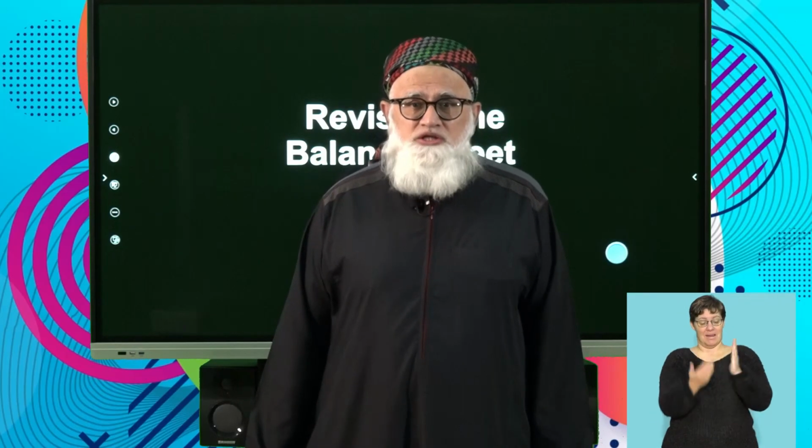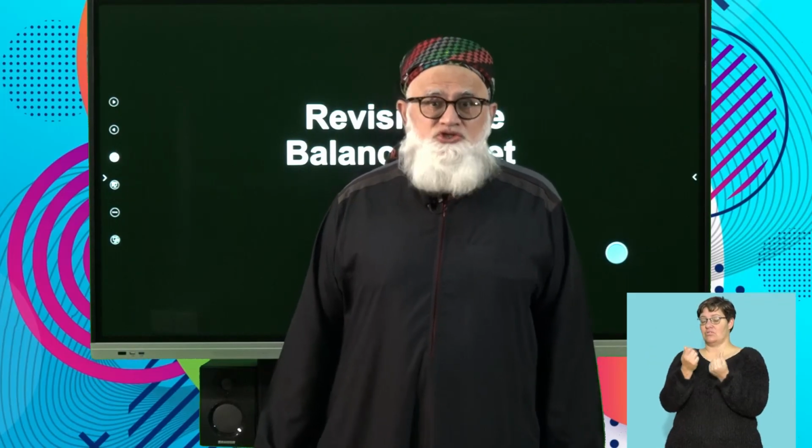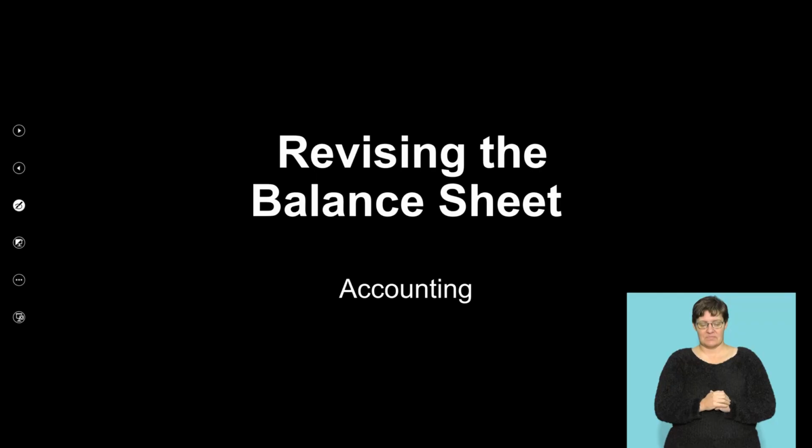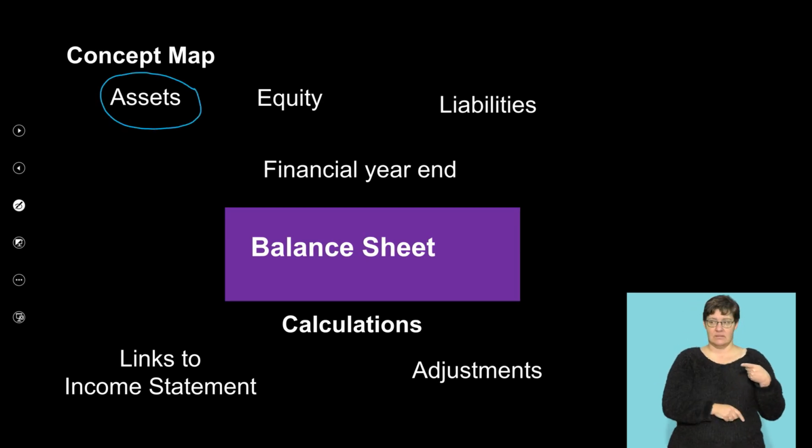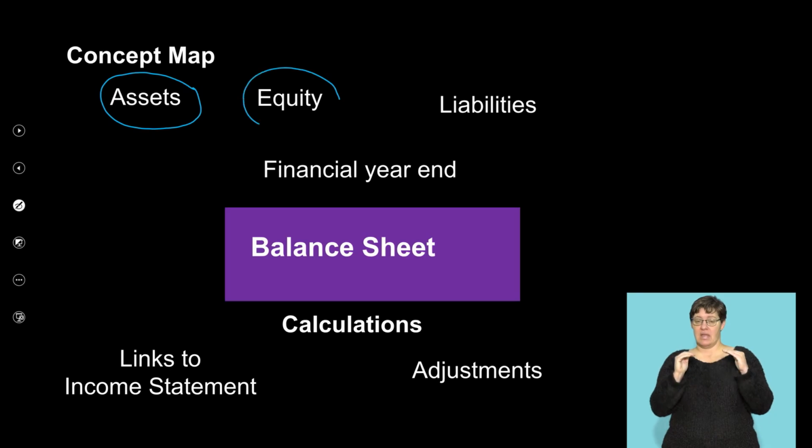Today we're looking at balance sheets, also known as the statement of financial position. If you're looking at the balance sheet, remember, the components of your balance sheet are your assets, your equity, and your liabilities.